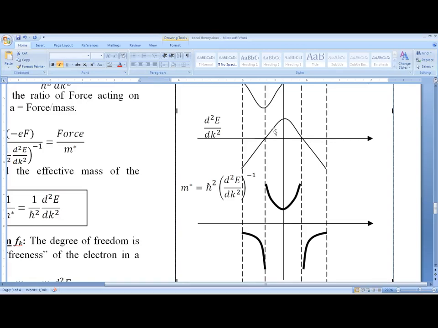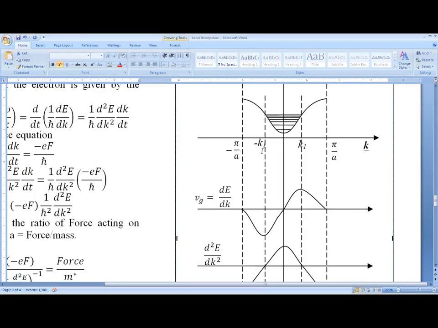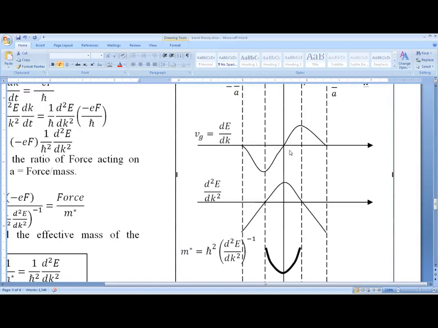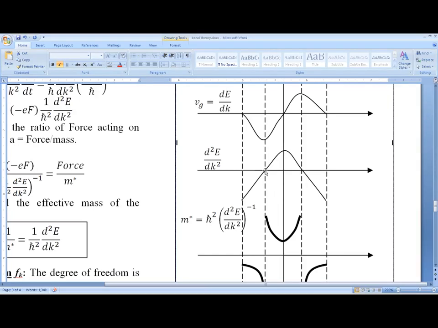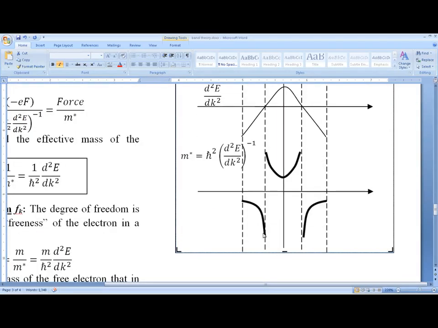So just above this point, which is what we call a point of inflection, we have called it k1, k2, or of course minus k1 and plus k1, symmetric. So at these k1s, if you take the inverse of this function, it blows up to infinity, positive infinity on one side and negative infinity on the other side, which is depicted by the solid line. You can see here this solid line is going to minus infinity, this solid line is going to plus infinity.